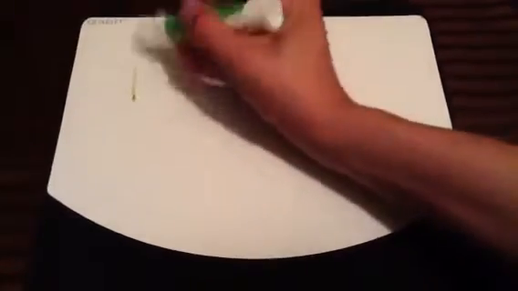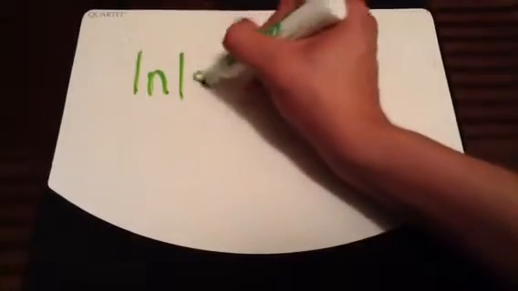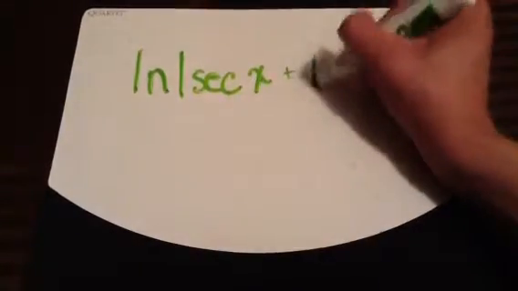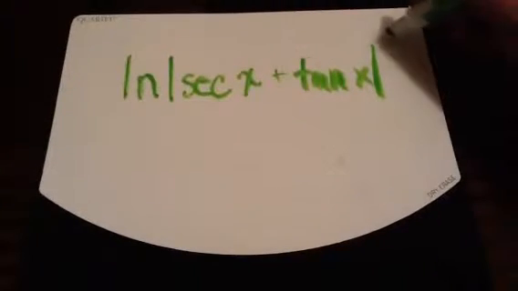And the antiderivative of all of that is, if you remember, ln of the absolute value of secant x plus tan x. And then you still have to keep your interval 0 to pi over 4.